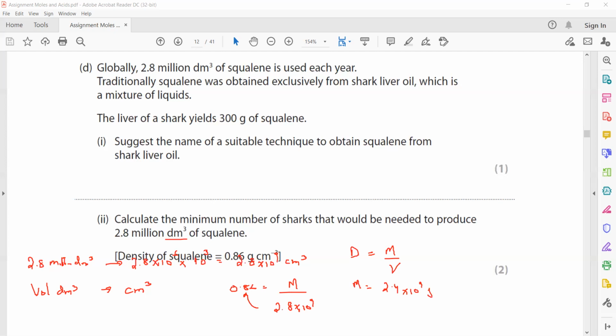And one shark can provide 300 gram. So if I divide by 300 gram, like when we take a ratio for shark and the mass of squalene which is provided, one shark can provide 300 gram. But if we need 2.4 into 10 to the power 9 grams, how many sharks do we need? X, cross multiply. So the total number of sharks required to produce this will come out as 2.4 into 10 to the power 9 divided by 300.